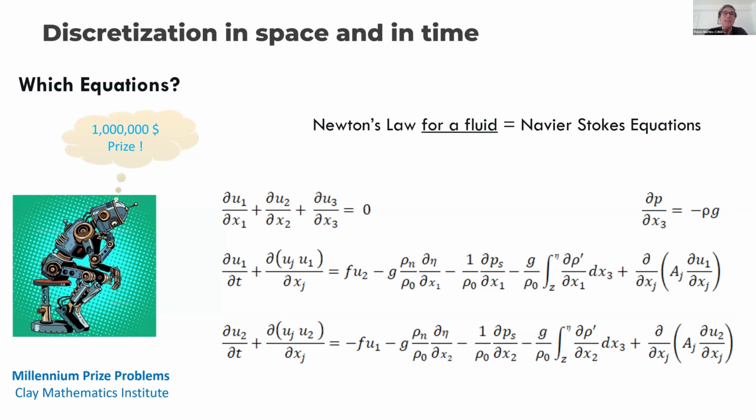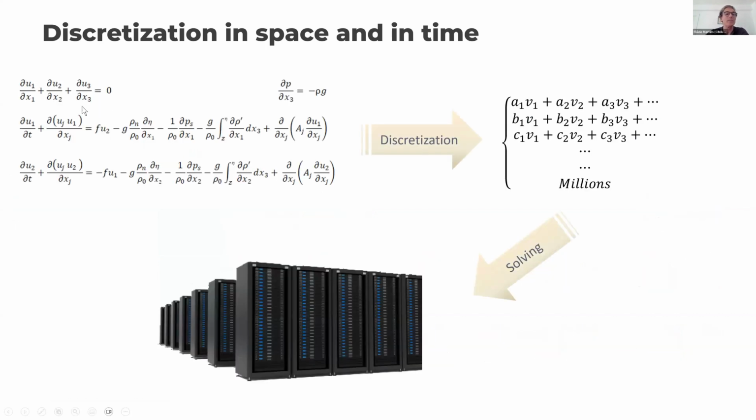So we need to use simplifications. We need to use models of these equations and solve them using the computational power we have, which are the computers, okay? So basically what we do is we transform these equations into a different kind of equations, okay? Using a numerical model, we change these partial derivative equations into algebraic equations, millions of them, okay?